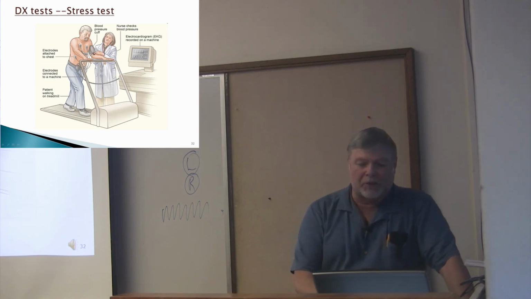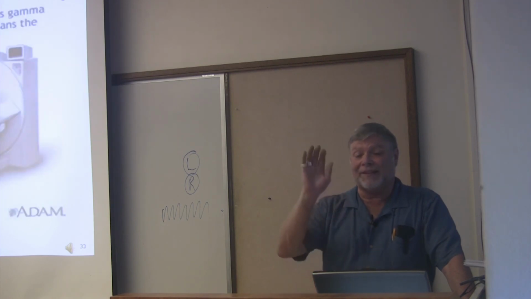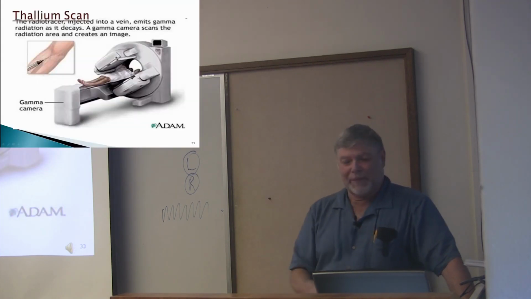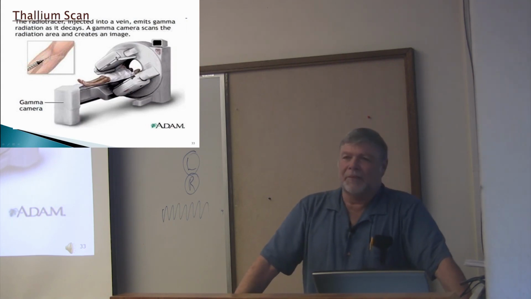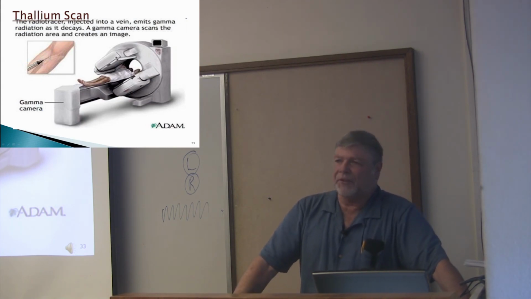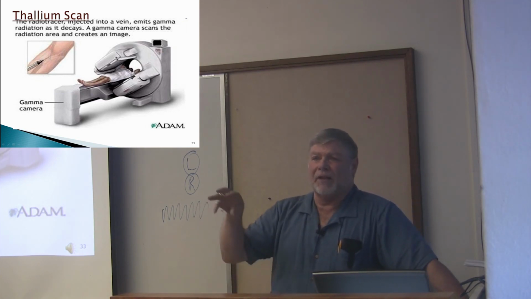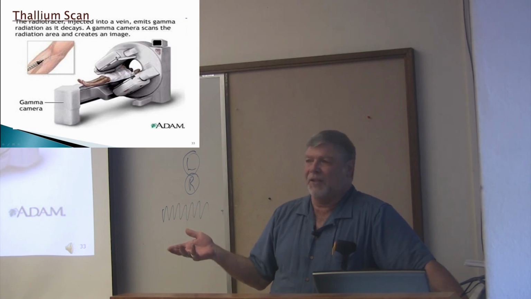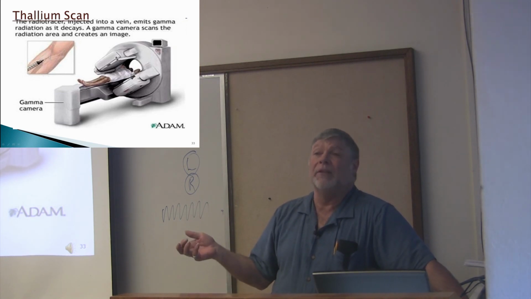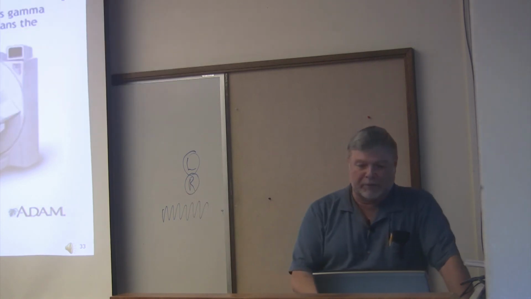If they are too ill to tolerate a physical stress test, we can give them a thallium scan. Thallium scan actually works a little bit differently. It's a radioactive isotope, and they basically take a picture to see where the hot and cold spots are in the heart, and they may actually increase their heart rate chemically, and they look to see if there's cold spots, if there's areas that aren't getting perfusion.